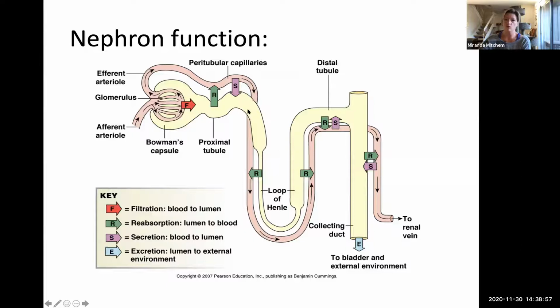Reabsorption can happen right away in the proximal tubule. Secretion can also happen here. As we move down the descending loop of Henle, it's all about reabsorption. That is the function of the loop of Henle, to provide an opportunity for our body to reabsorb materials, ions, glucose that would exit the body. This way we don't need to make more of it.